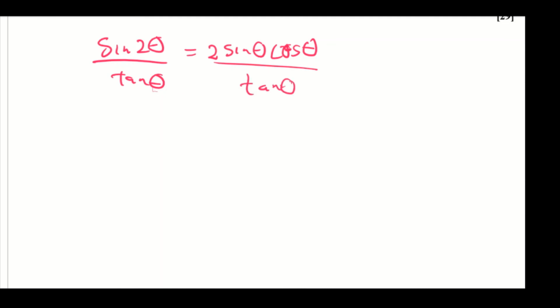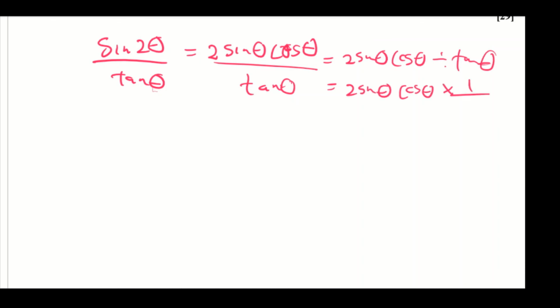And this is divide, so this means now 2 sine theta cos theta divided by tan theta, which is equal to 2 sine theta cos theta times 1 over tan theta, of which tan theta is equal to sine theta over cos theta.